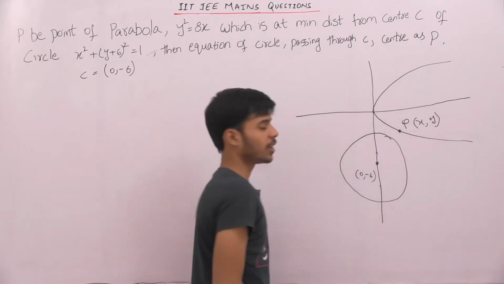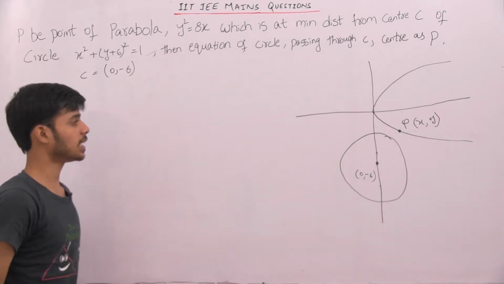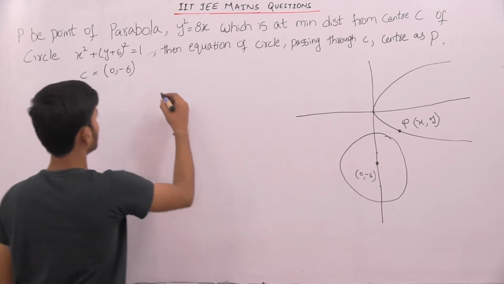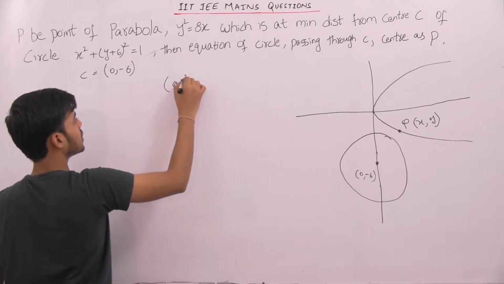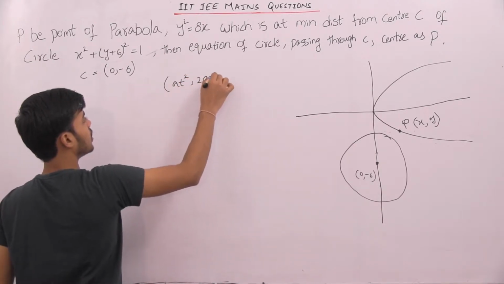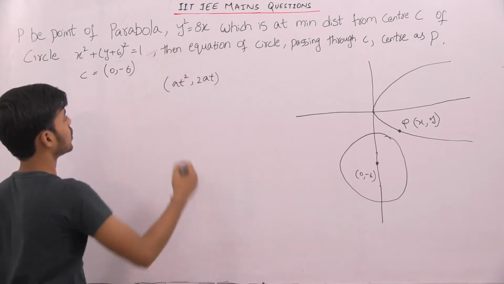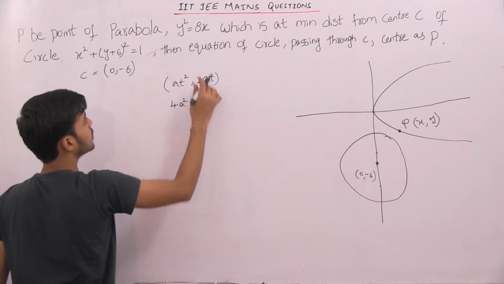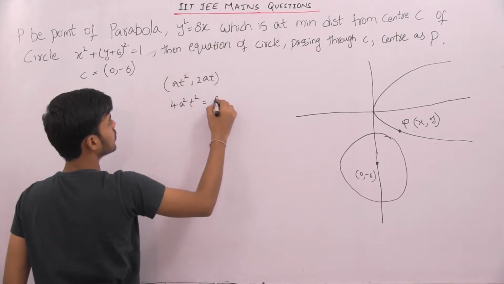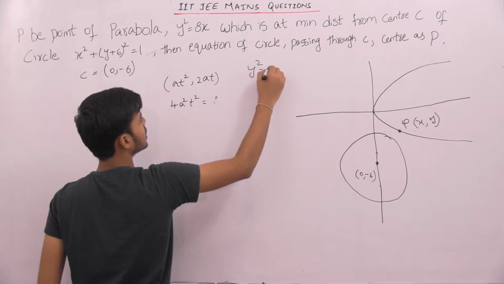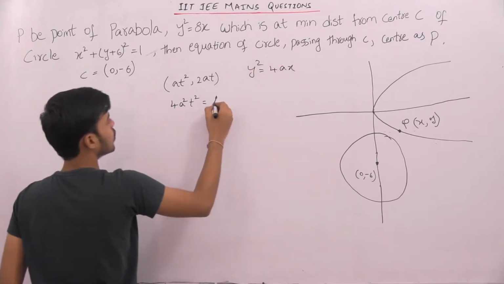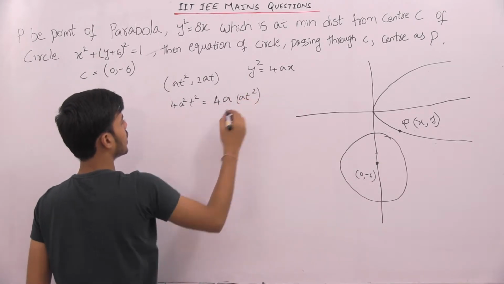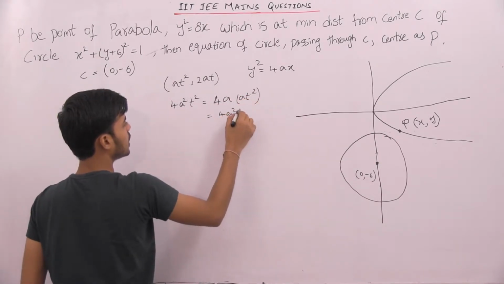As we already know, the generalized form of any point on a parabola, we can write as (at square, 2at). For example, we can verify it on y square equal to 4ax: y square is 4a square t square, which is 4 into a into x, that is 8t square, which is 4a square t square.